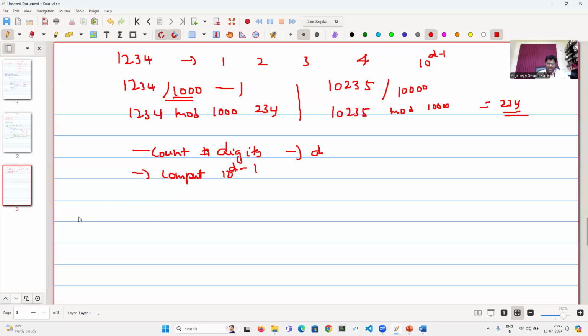Okay, let us write the algorithm. Algorithm: digits left to right.